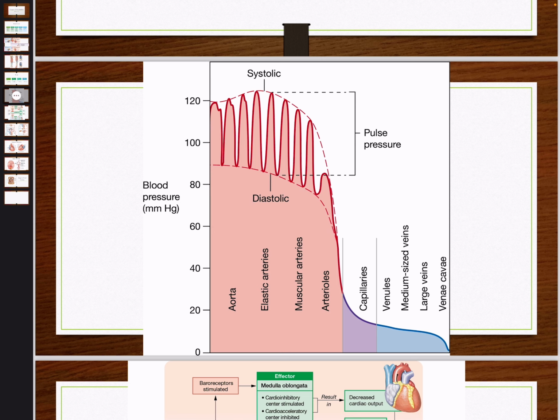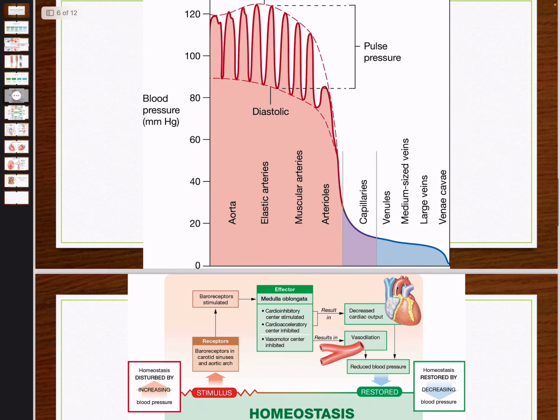It's pretty high in the aorta, pretty high in the elastic arteries, pretty high in the muscular arteries, and average in the arterioles. But then we go down to the capillaries, and there's a sudden big decrease in blood pressure, and even smaller in the venules, smaller in the medium-sized veins, smaller in the large veins, and even smaller in the vena cava. But that is going to make sense in a second.